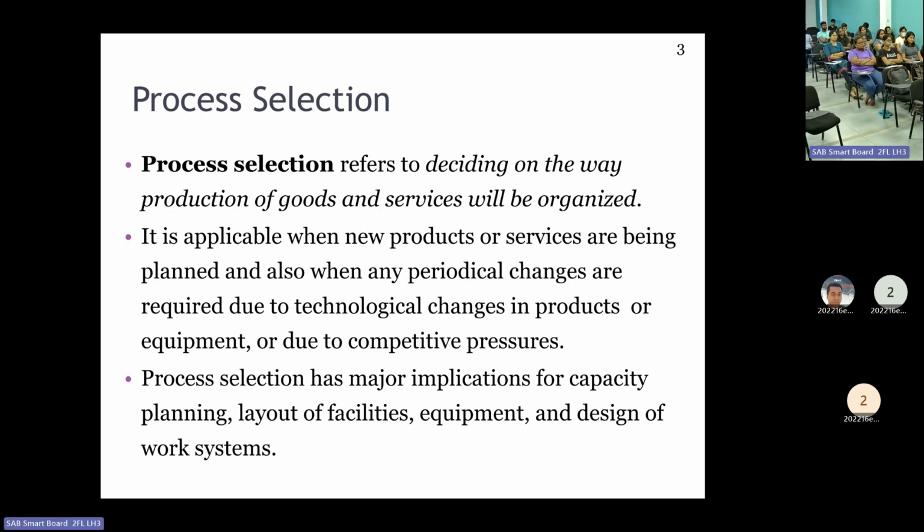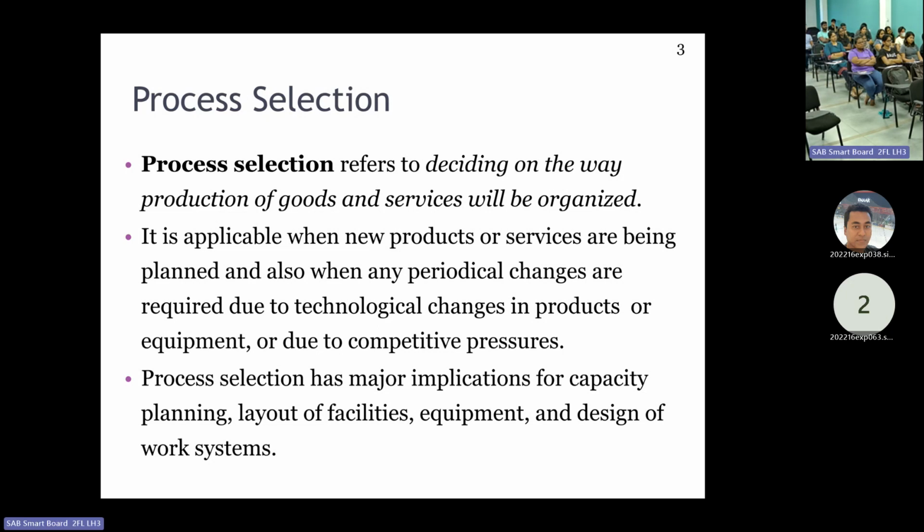In addition to that, any periodical changes required to the processes, maybe when the market demand is gradually increasing and we want to increase the production. After a few years, we see the demand for the product is gradually increasing, so the existing processes are not adequate and we need to enhance the capacity. So we might change the process and process types.